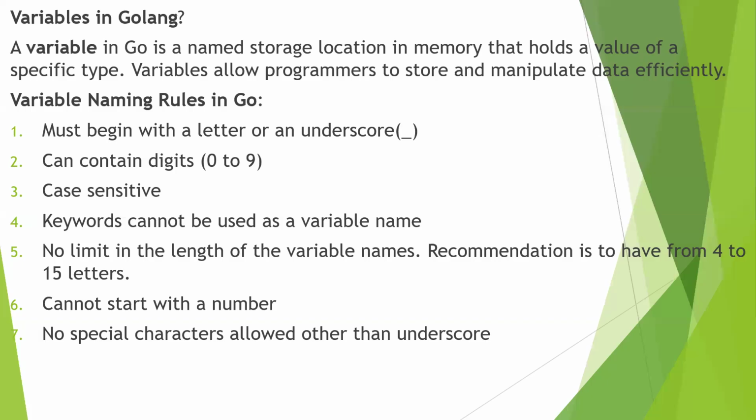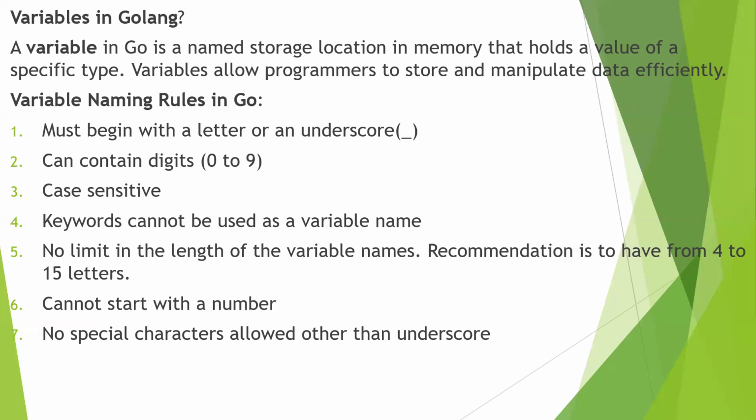Underscore is the only special character that we can use for naming variables in Golang. Other than underscore, we are not supposed to use any other special character. These are the rules that we need to follow while naming variables in Golang.